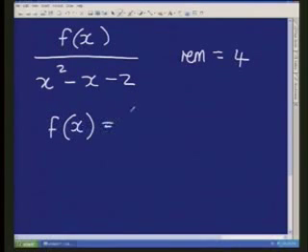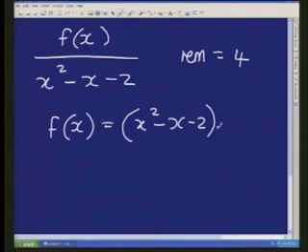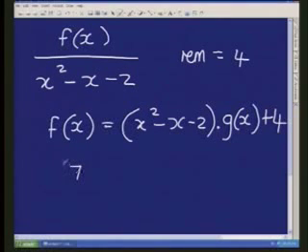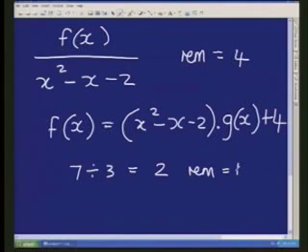F of x is what we divide by, multiplied by the answer we get, plus the remainder. How does that work? If I take 7 and I divide it by 3, the answer I get will be 2, because 3 goes into 7 twice, and the remainder will be 1.